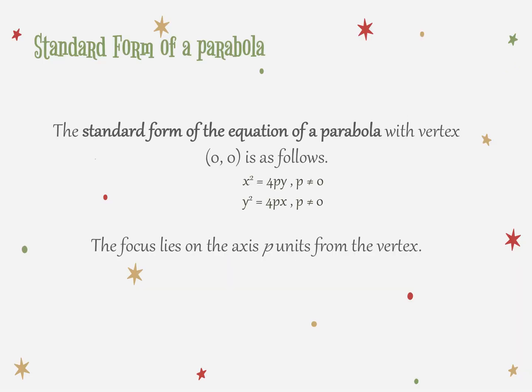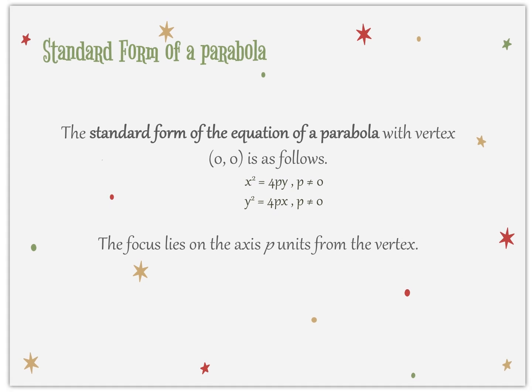Okay, so let's start out with your standard form for the equation of a parabola, all right, with a vertex of 0, 0. So we're going to start easy. So remember that if I had done your standard parabola where x was squared, you had a formula that basically said y equals a times (x minus h) squared plus k, right?